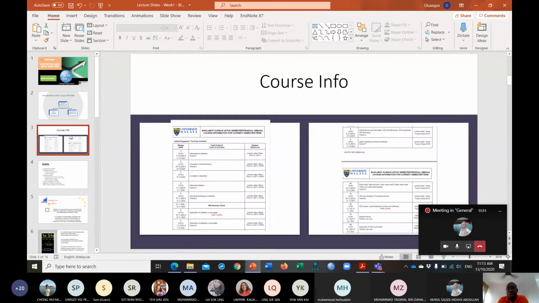The course info, I am sure you will have seen it in Spectrum, is divided into two like this. The first one on my left side is statistics, which will take the first 7 weeks, while the other one from week 8 to the end of the semester will be taken by Sir Abdugani.